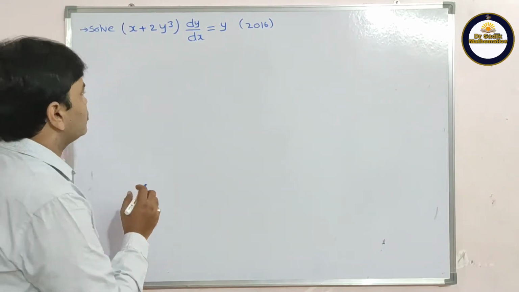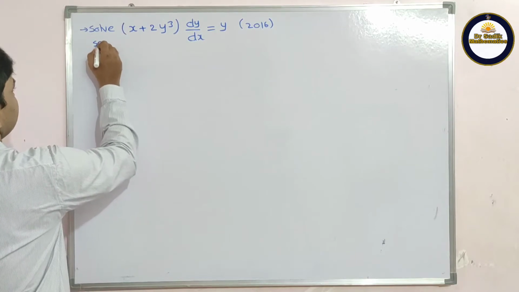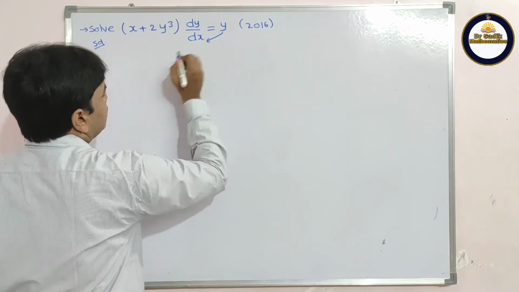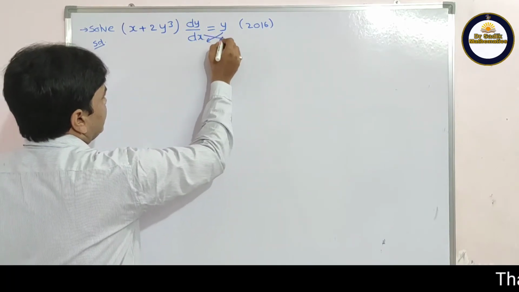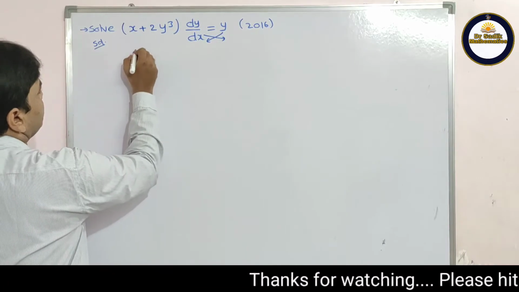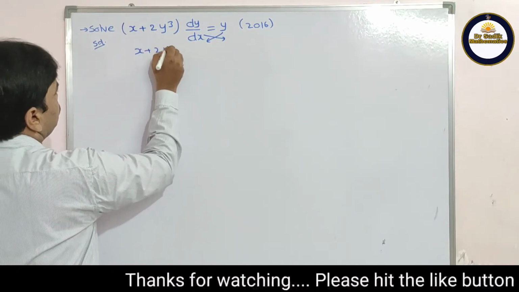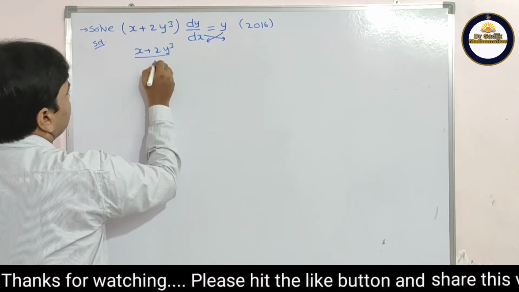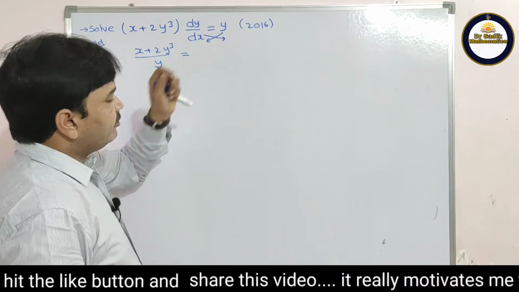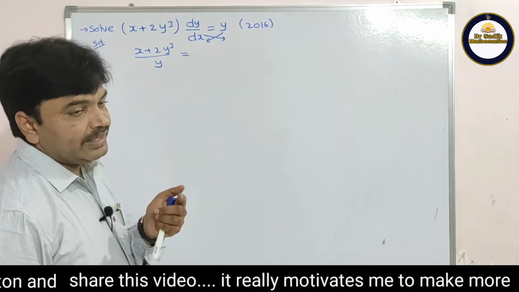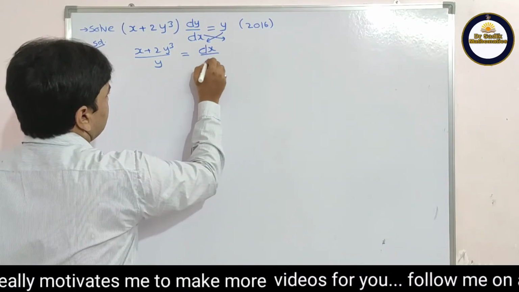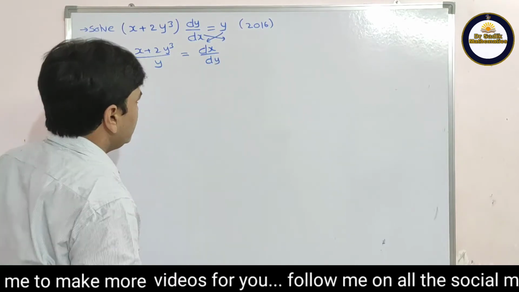Let us see. Solution. Take y to the left hand side and dy/dx to the right hand side. Then we get (x + 2y^3)/y = 1/(dy/dx), which becomes dx/dy.